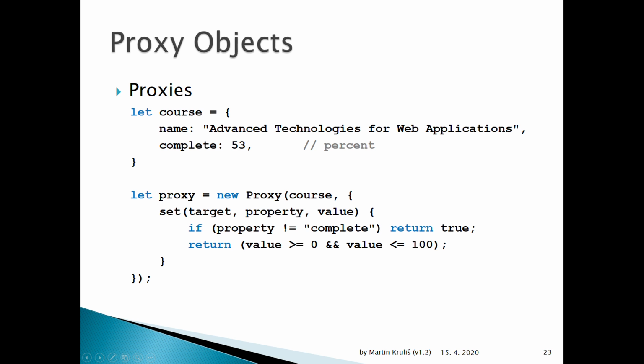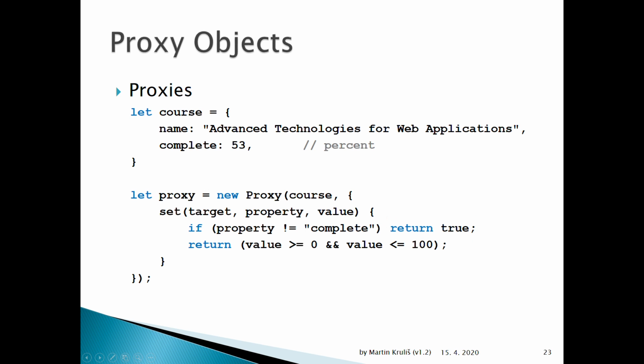So every time a property of this object, actually of this object, because this object kind of mirrors this one, is modified, is set, then this method is actually invoked, and based on its result, the modification is allowed or not. So for instance, in this case, if the property is anything else than complete, so if you're modifying anything else than this property, there is no problem.